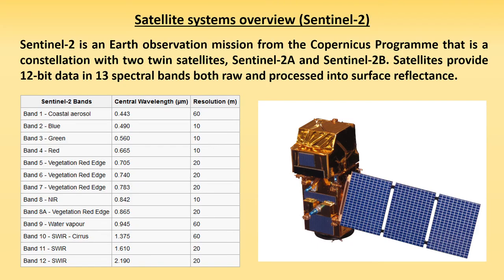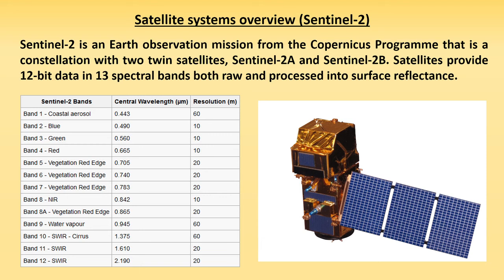Sentinel-2 is an Earth observation mission from the Copernicus program that is a constellation with two twin satellites, Sentinel-2A and Sentinel-2B. Sentinel provides 12-bit data in 13 spectral bands, both raw and processed into surface reflectance. Data is provided in visible, near-infrared, and short-wave infrared ranges.